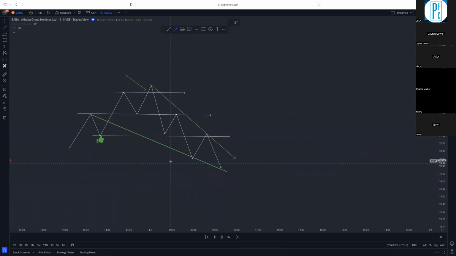Let me draw that. I'm just trying to get y'all to understand market structure. So we have a low right there. We then break back above the low, normally have a little bit of a breakout, and retest that area again.